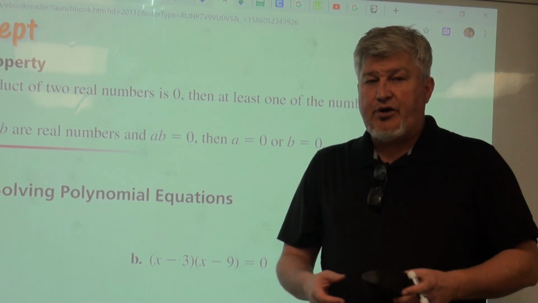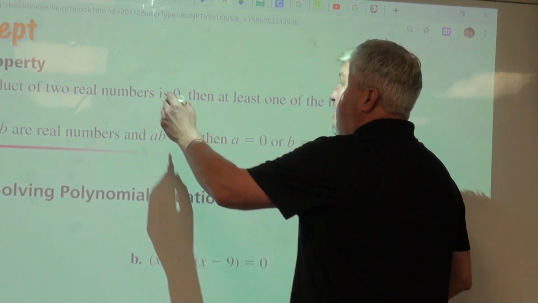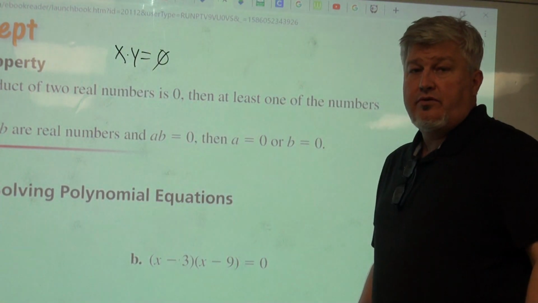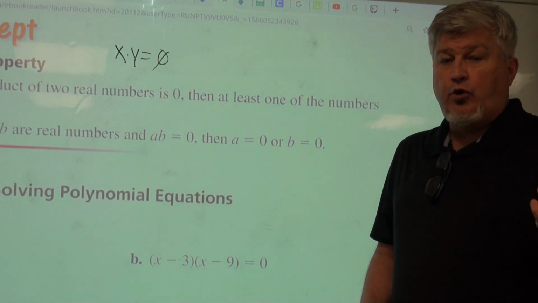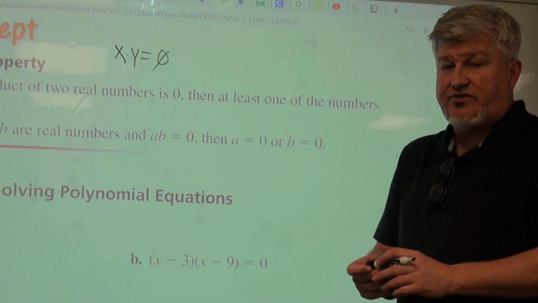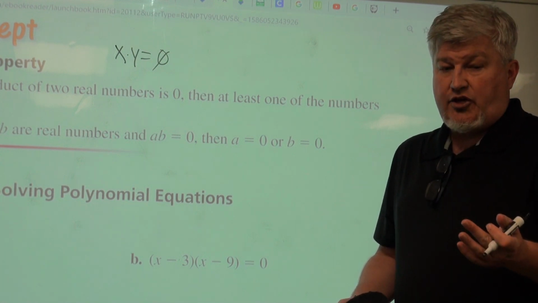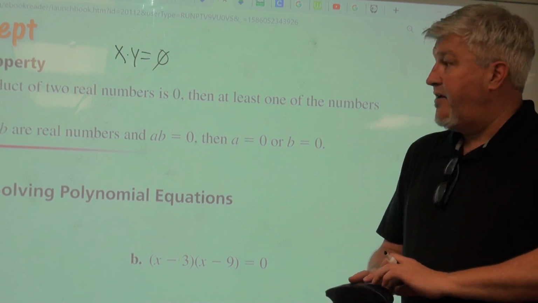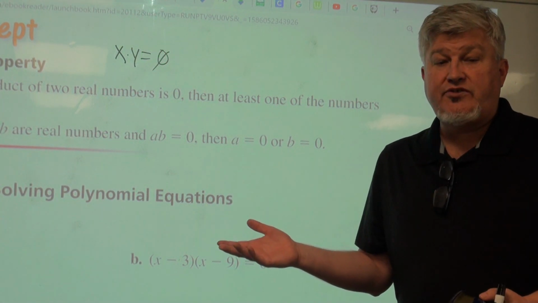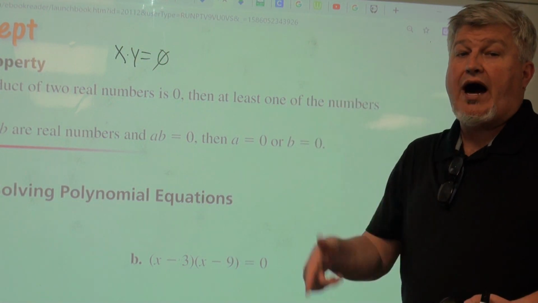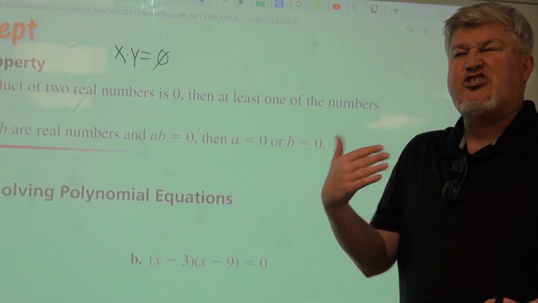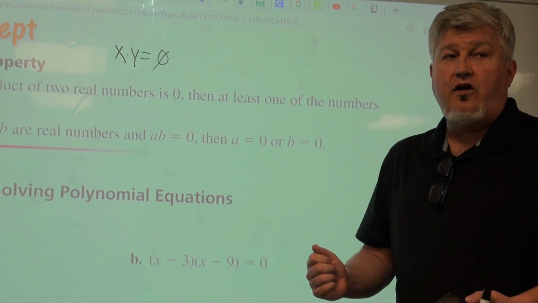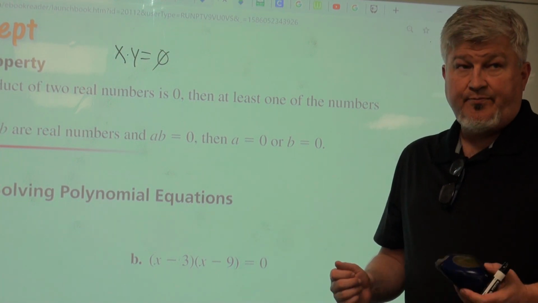If x times y equals 0, by rules of multiplication either x equals 0 or y equals 0, because 0 times anything is 0. Keep that general concept in mind. It's what we utilize to solve polynomial equations.